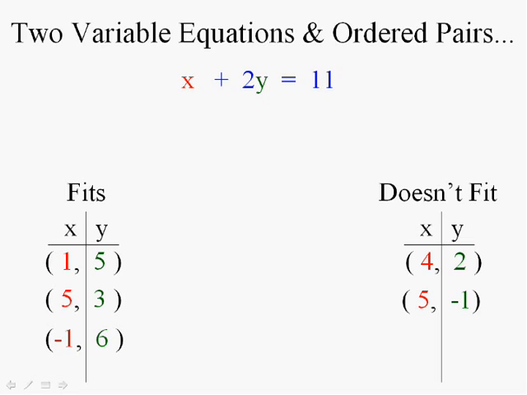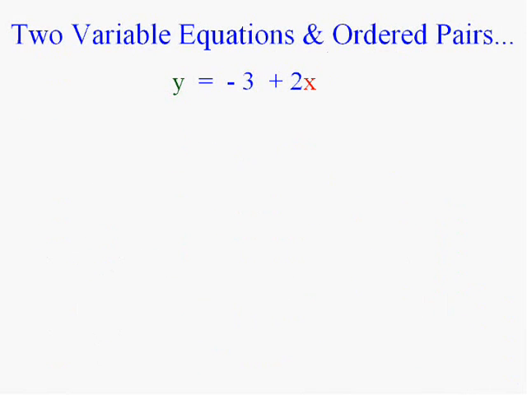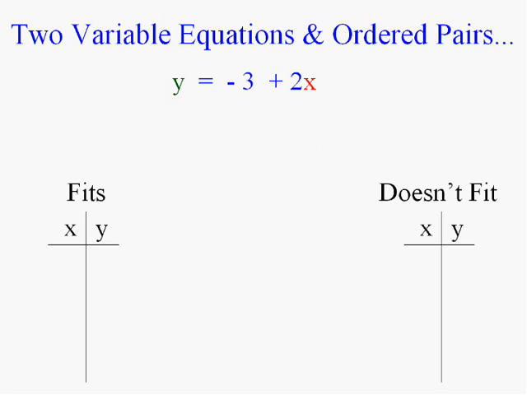Let's look at another 2-variable equation and see if you can notice some similarities. Y equals negative 3 plus 2x. Okay, once again, we have 2 letters, Y and X, or X and Y. But I'm still going to put the X in first. And there will be some that fit and some that don't fit.